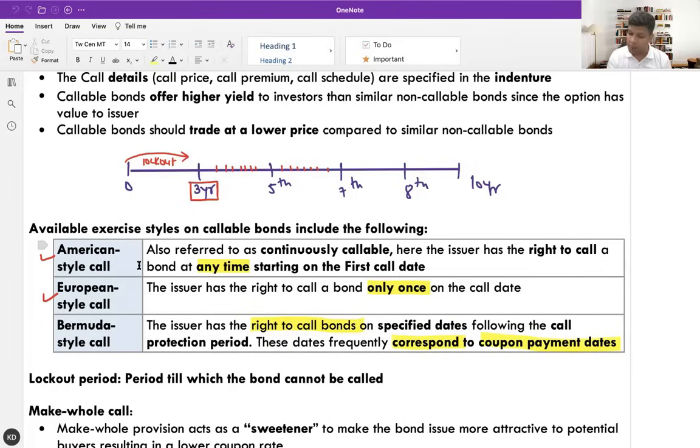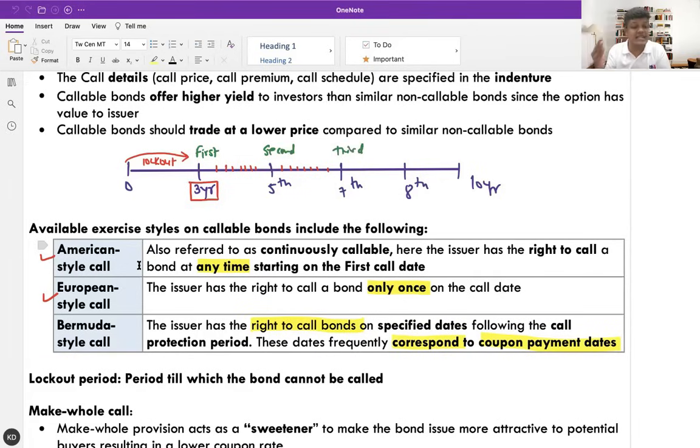But in a Bermuda option, the bond can be called back on specific dates, not once but on multiple dates, but those dates may be fixed. So let's say the first call can be at the end of the third year, the second call at the end of the fifth year, the third call at the end of the seventh year, and so on.